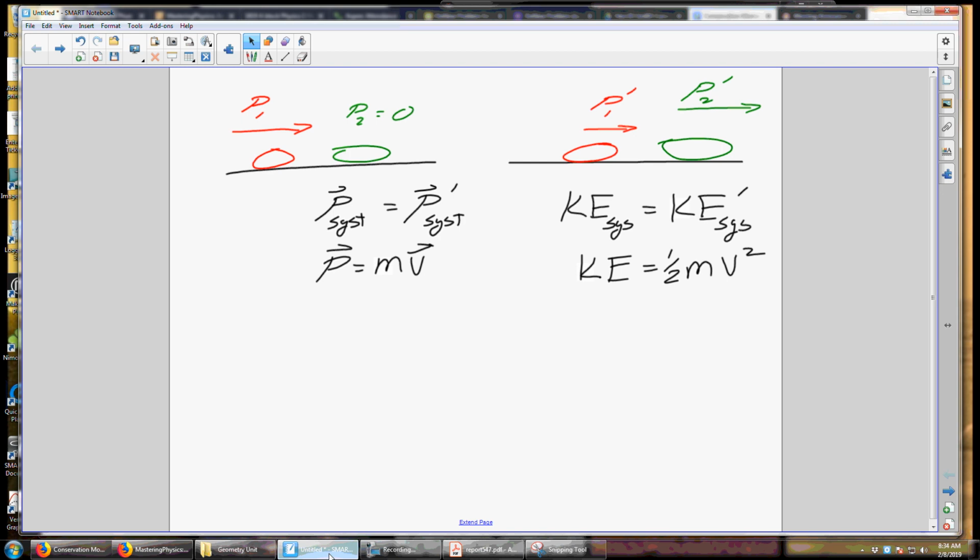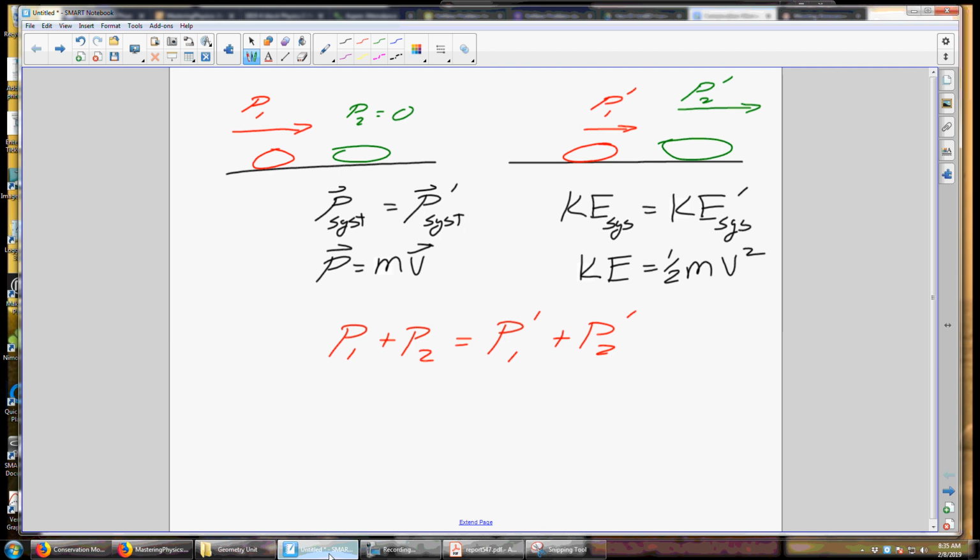So, I think we should start with momentum or kinetic energy? Momentum? Okay, let's start with momentum. So, I'm going to write, let's see, in red: momentum of 1 plus momentum of 2 before equals momentum of 1 afterwards plus the momentum of 2 after.